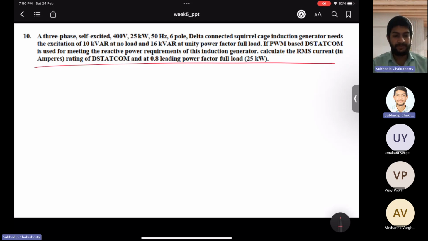Then only you can solve the problems. If you have solved this, then you will get a feeling of how the compensation is being done, and some power balance you can do and then check. I gave you a hint, just think in that direction.